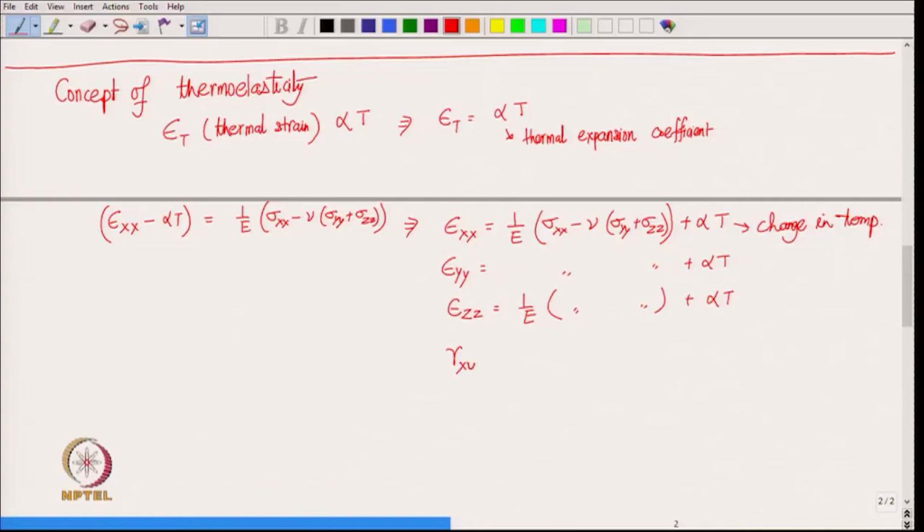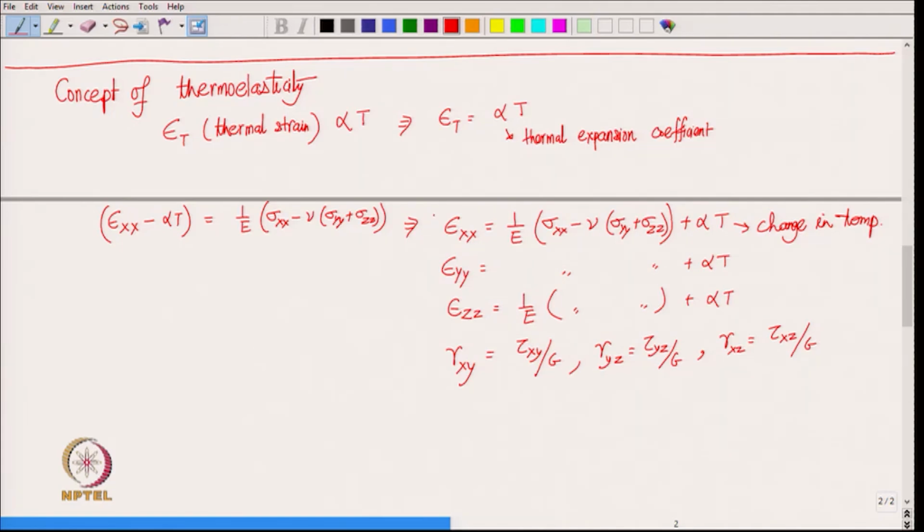Which implies your gamma xy is simply tau xy divided by G, then gamma yz is tau yz divided by G, the shear modulus, and gamma xz is tau xz divided by G. So, this is the 3-dimensional thermoelastic stress strain relation.